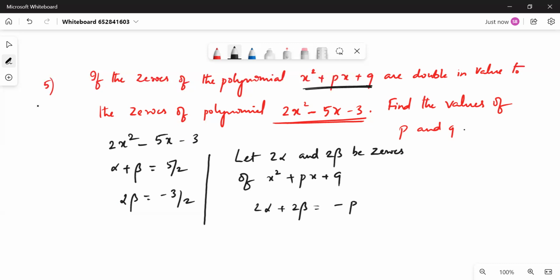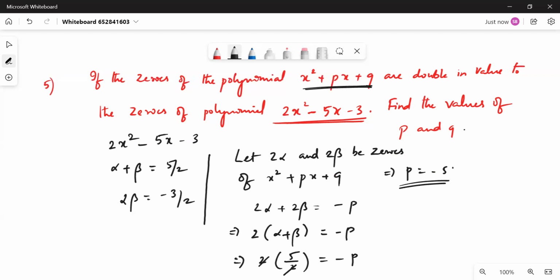I can write this as 2 times alpha plus beta equals minus p. So 2 times 5 by 2 equals minus p. The 2 cancels out, so p value will be equal to minus 5. Correct, sir? Very good.